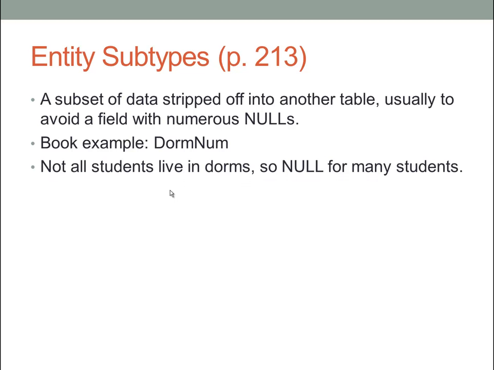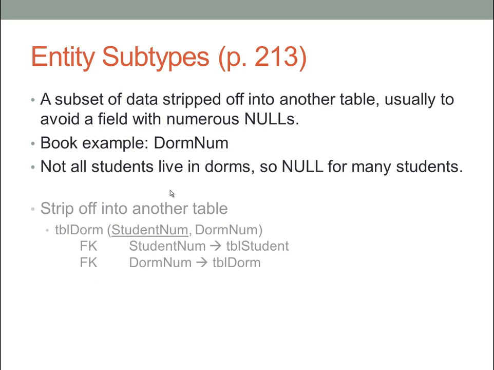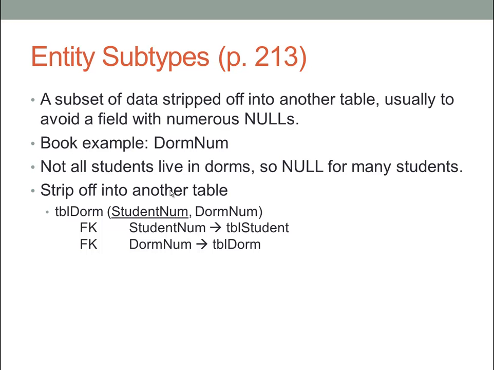So if I had a table for students and I included their dorm room number, I'm going to have a number of students where that's just null. It's not applicable. So one recommendation that you'll often see when you're designing that collection of tables is going to be to go ahead and strip that off into another table so that I create a table that's called a dorm table that tells me just the student number and the dorm number.